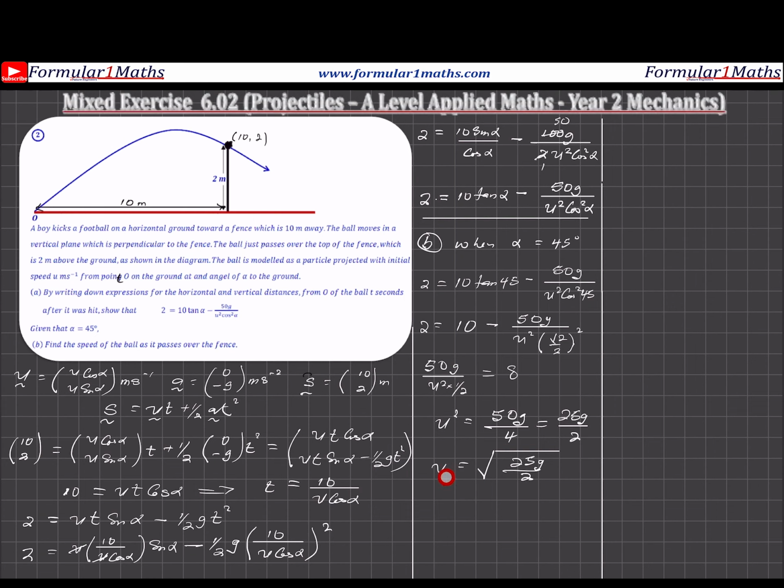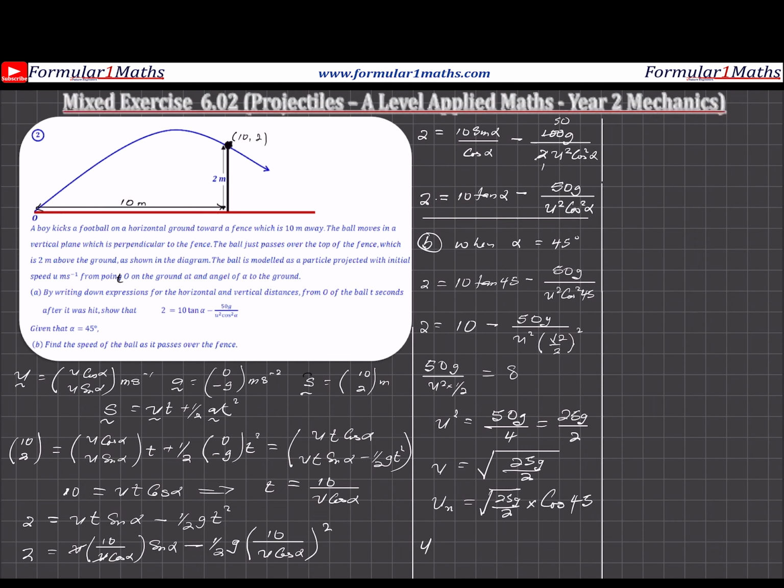I'm now going to use the value of u to find the horizontal component of u, which is u cos alpha. If I call that ux, that will be equal to the square root of 25g over 2 times cos 45.